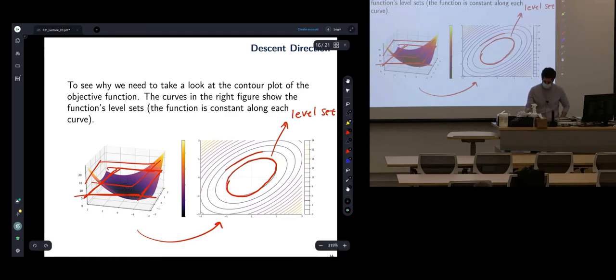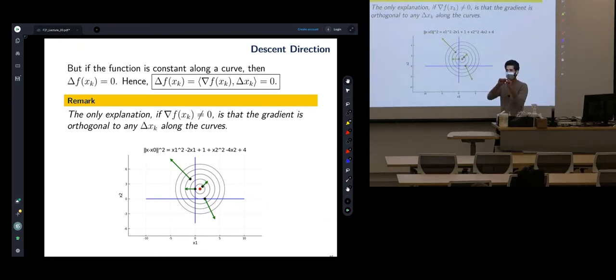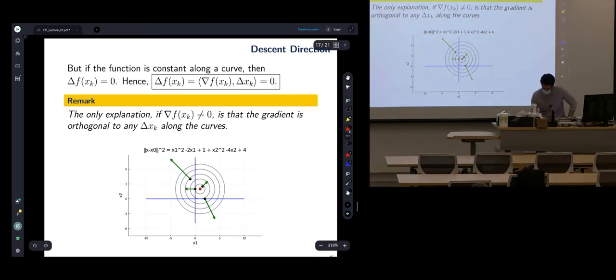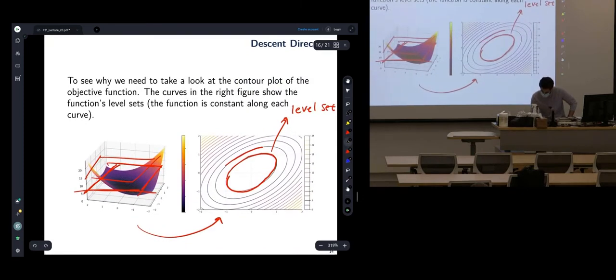Now, if that's the case, imagine I move from one point here to another. I make a delta x movement in that direction.